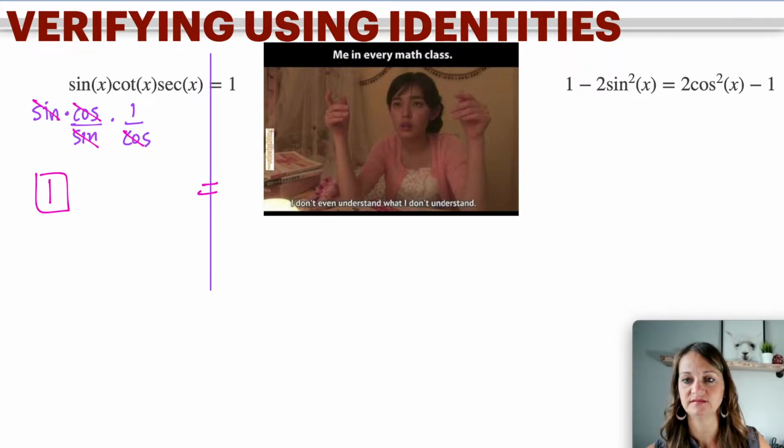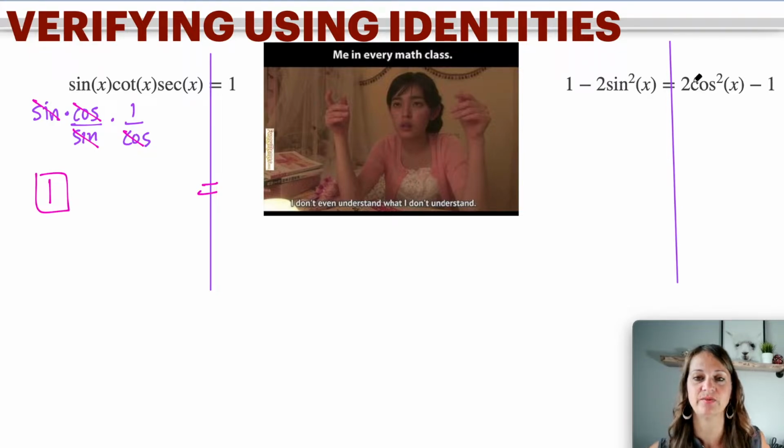This side, I'm going to draw a line. We need either sine to look like cosine, or we need cosine to look like sine. So what we are going to do, okay, we know that cosine squared plus sine squared equals 1.